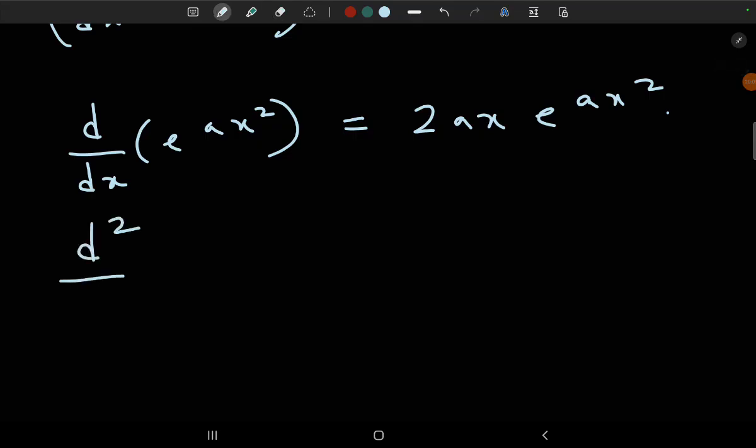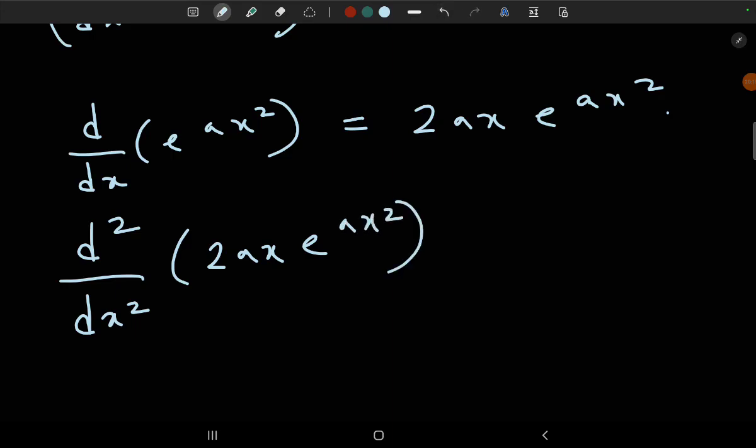We have d²/dx² on 2ax e to the power ax², and this is the error I made. So this is actually 2a.